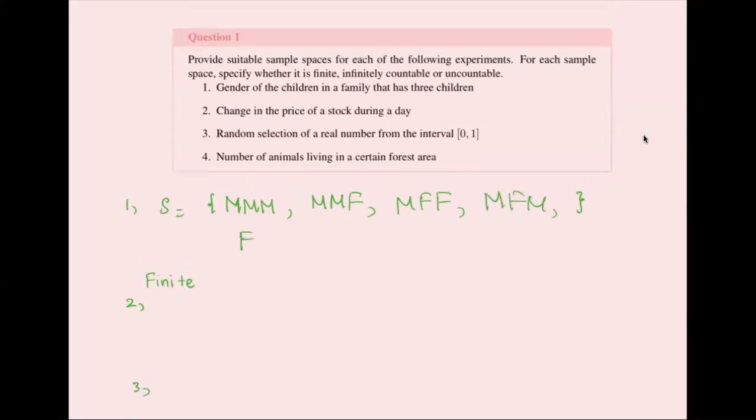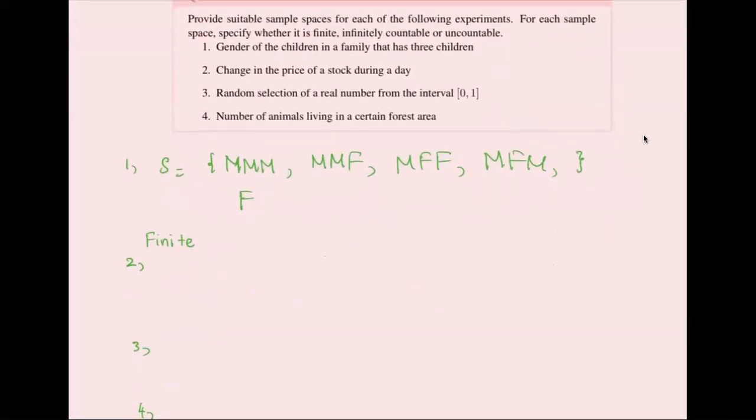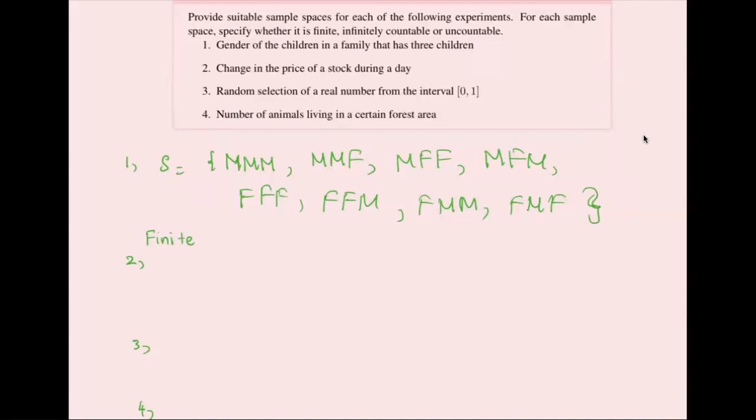And then we have female. Like this, right? So I saw a student write 3 to the power of 2. I think you mixed up a bit. You mean 2 to the power of 3, like the size of the sample space, right?